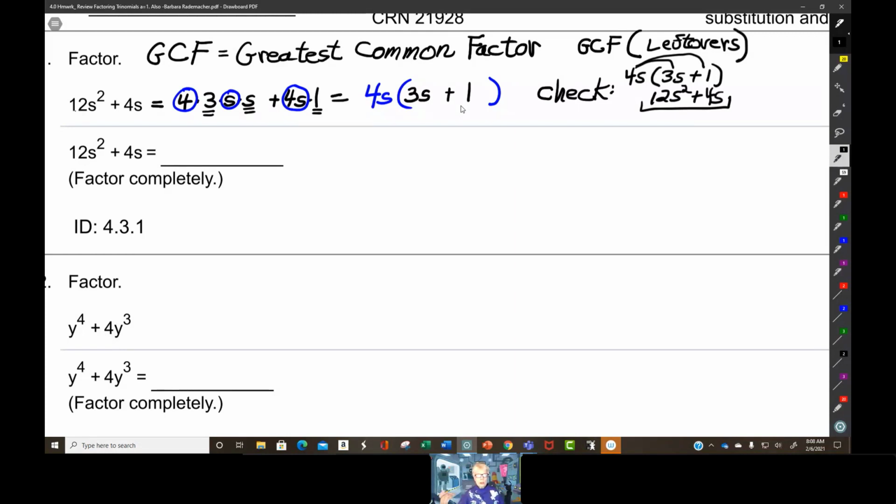So this sort of was my way of trying to avoid mixing people up. Because it is true that 4s times 1 is 4s. So you can always go ahead and put times 1 on a term anytime it's convenient. Does that answer the question? Yes, thank you. Okay, good.